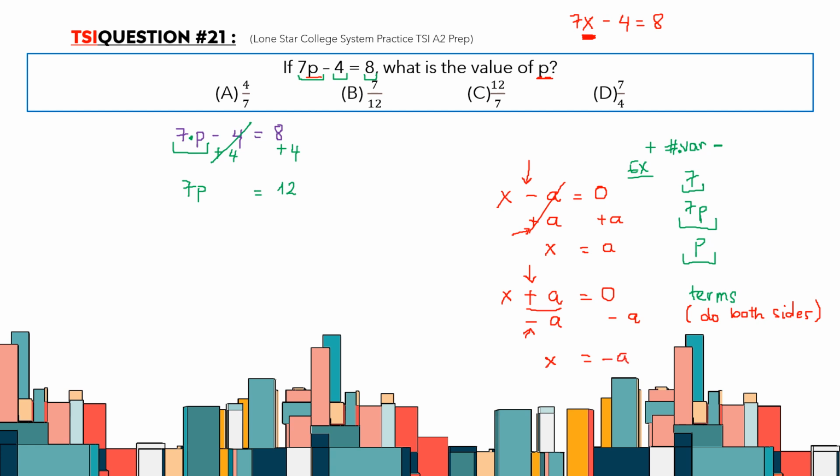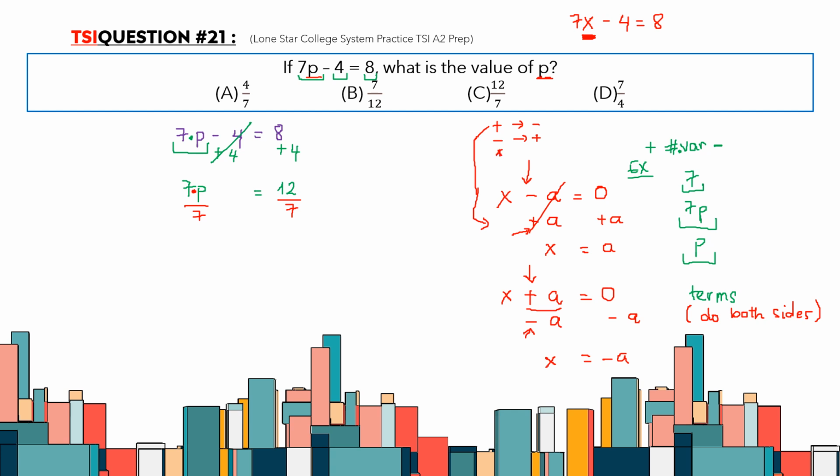Okay, so now we have 7p. That is one term, including p only. It's multiplication. So now we do the same with this strategy. We divide by 7 on both sides. We see multiply by 7 in the question, but we want to isolate p, so we make the division. So plus will become minus, and in this case, minus will become plus.